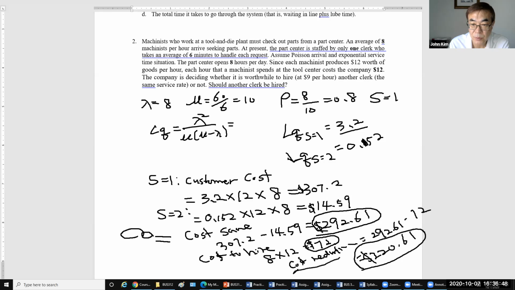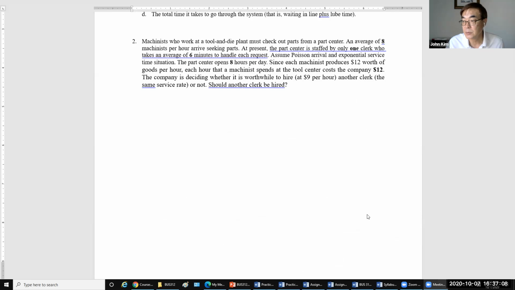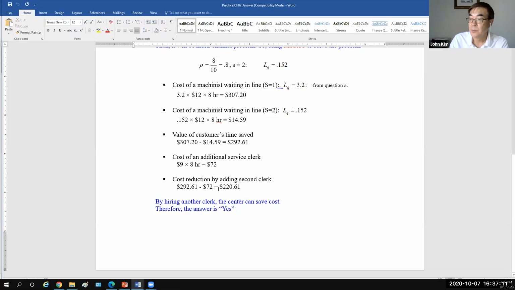The cost reduction result is positive, so the decision is like this. Because this result is positive, by hiring another clerk, the center can save cost. So the answer is yes, hire one more clerk.